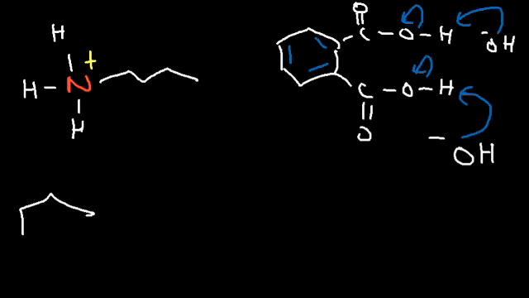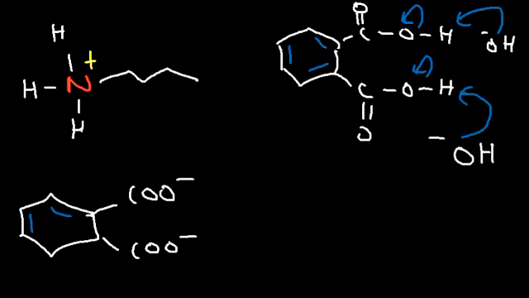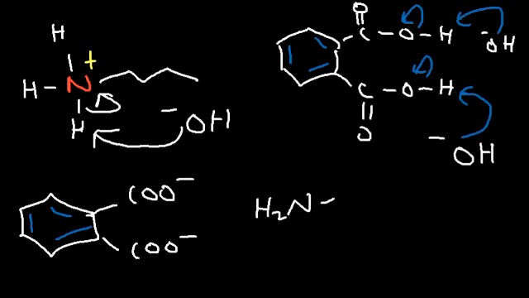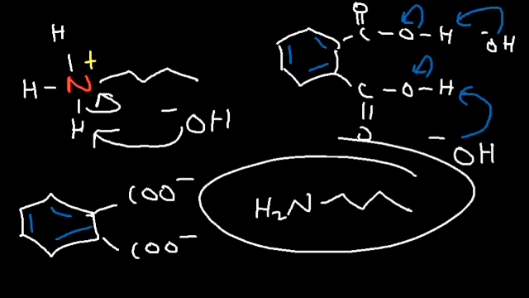So we're going to get this side product under basic conditions. This is the deprotonated form of phthalic acid. And also, hydroxide will remove a hydrogen from the nitrogen atom, giving us our desired amine.